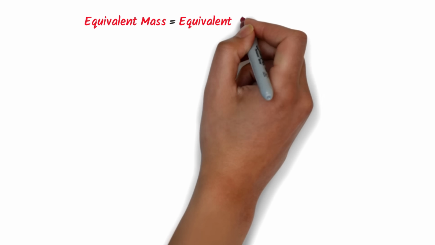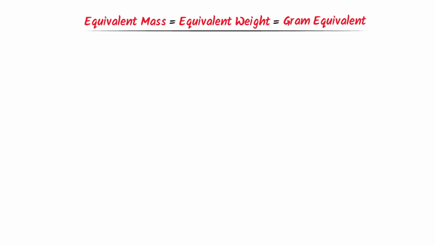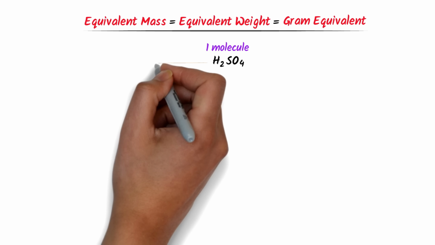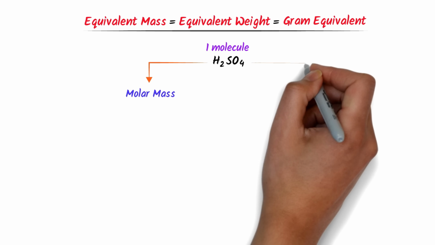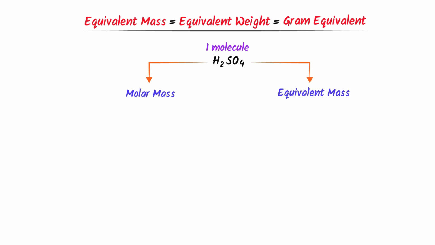Now let me teach you the concept of equivalent mass or equivalent weight or gram equivalent, which no one is teaching us. Remember that in chemistry, these three terms are the same. Now consider one molecule of H2SO4. I will explain both its molar mass and its equivalent mass.